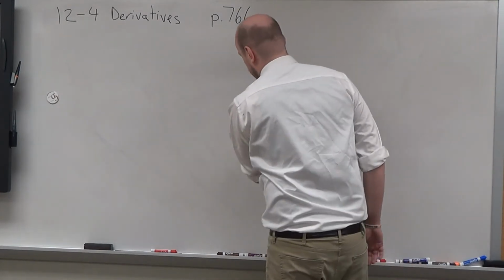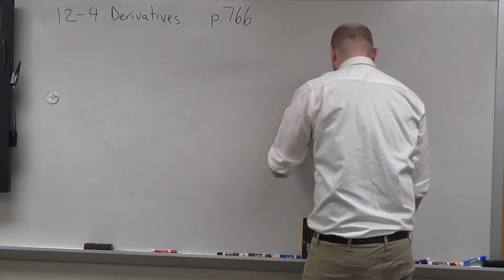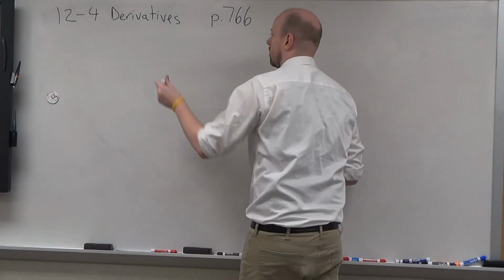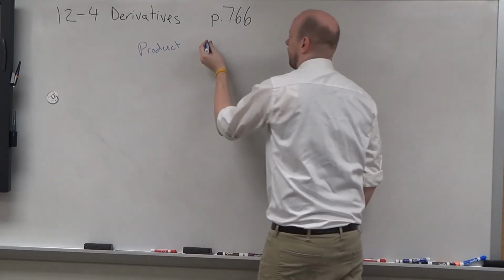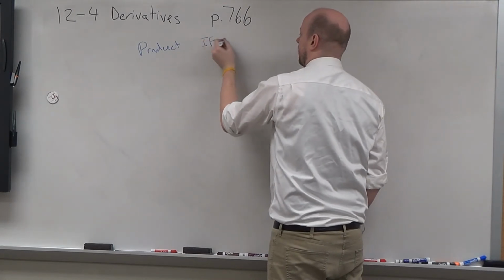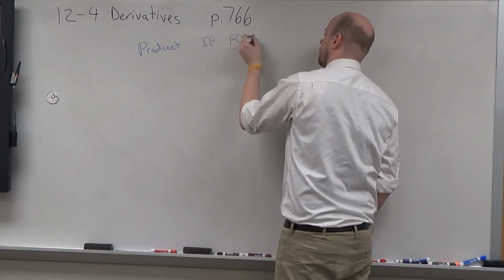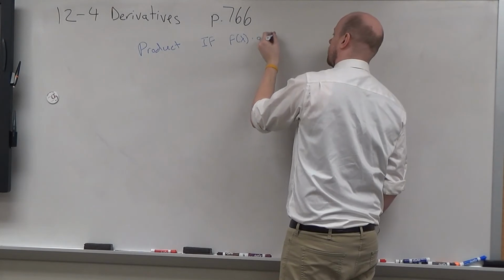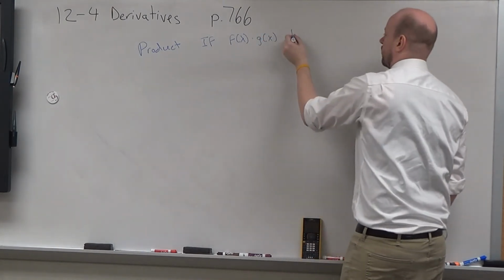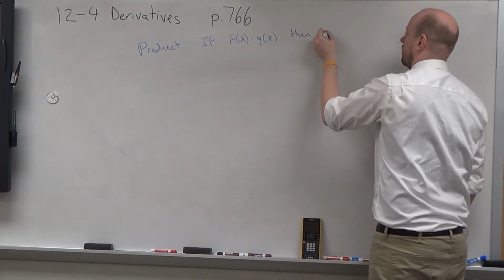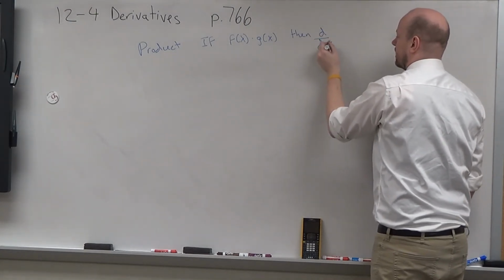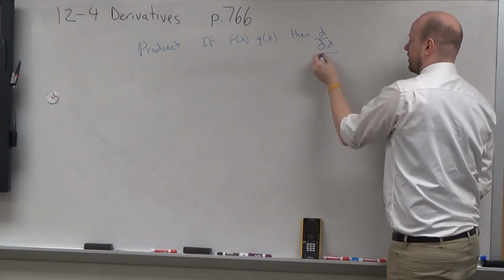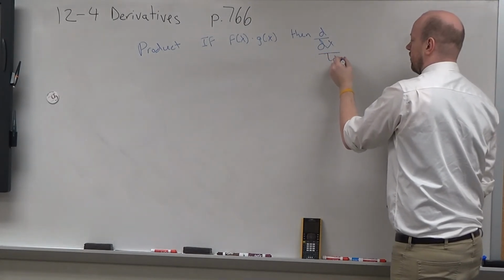Okay. The last rules we need to talk about are the product rule. So if I have f of x times g of x, then the derivative, another way to write derivative is d over dx. This just means derivative.